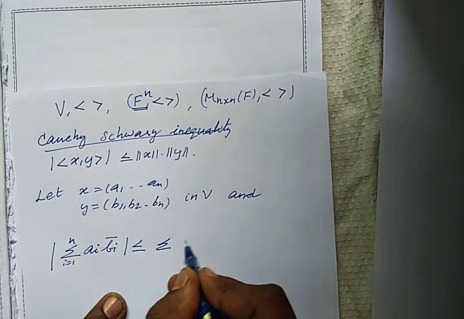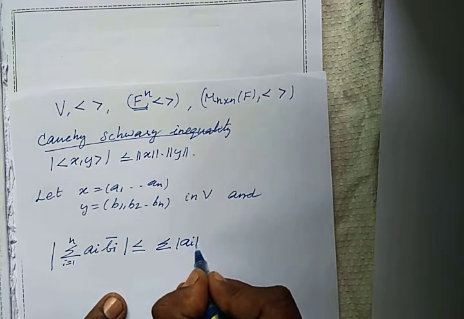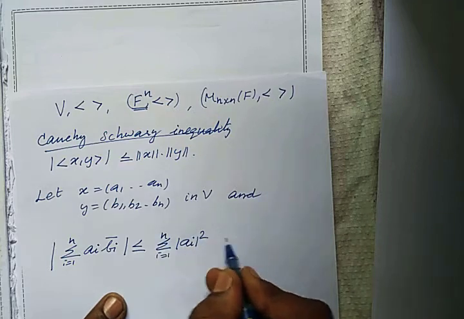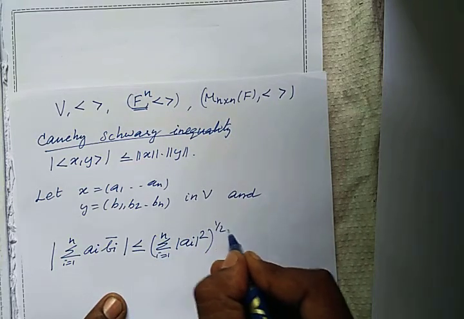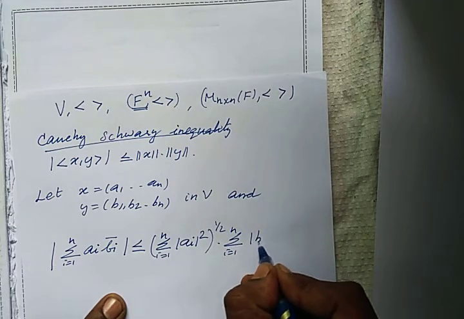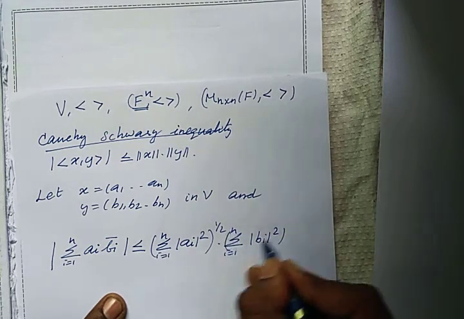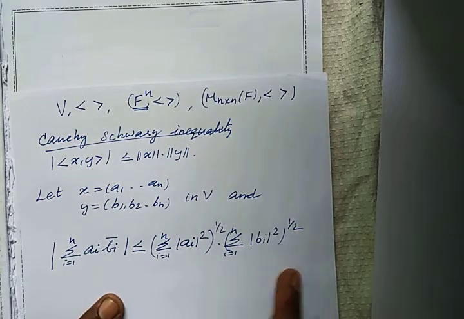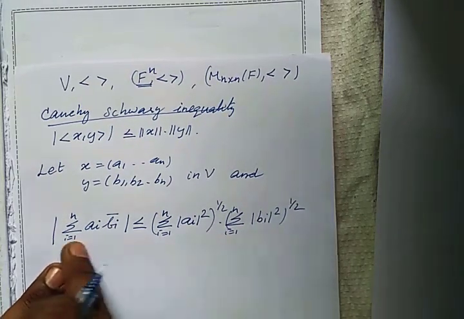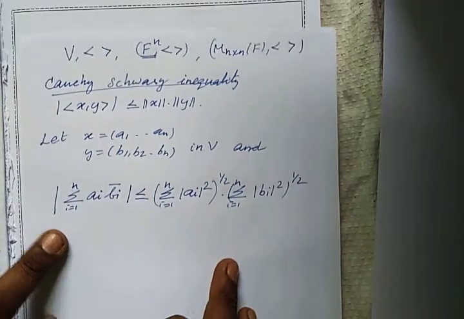So that will be summation modulus of ai the whole square, i runs from 1 to n, whole to the power 1 by 2, and into summation i varies from 1 to n modulus of bi square whole to the power 1 by 2. This is called the Cauchy-Schwarz inequality form in Fn.